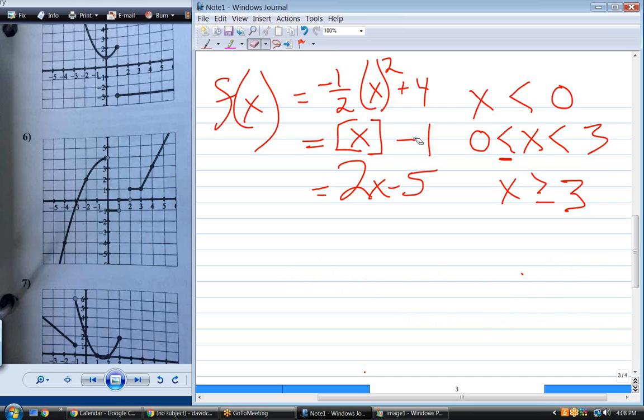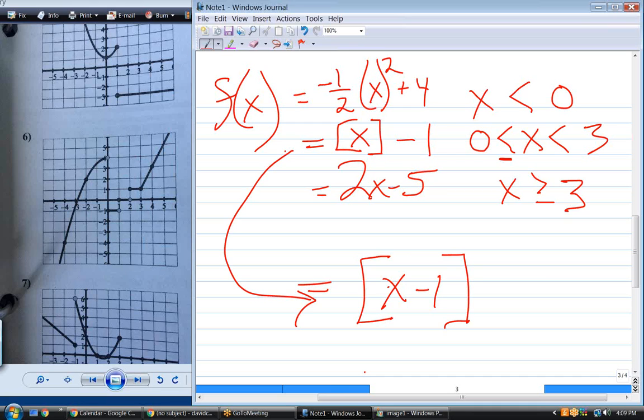Now, like I said, I could have said that's the greatest integer function shifted right by 1 unit, which is also that. So either that or that are the same thing in this case. Both these functions represent what we're looking at between 0 and 3 on the x-axis.